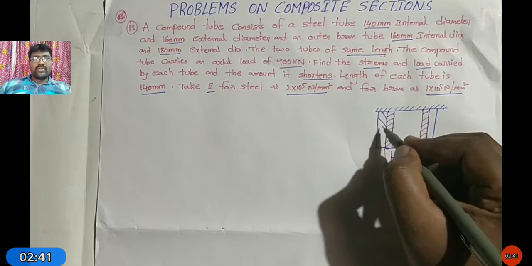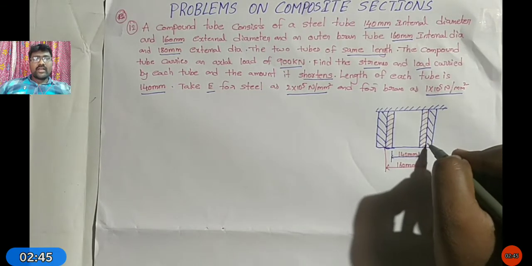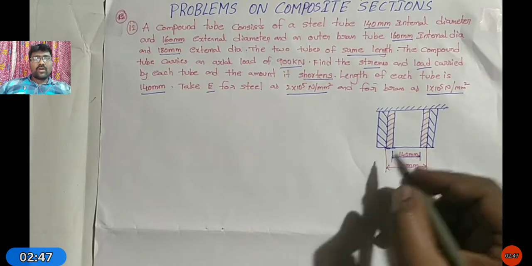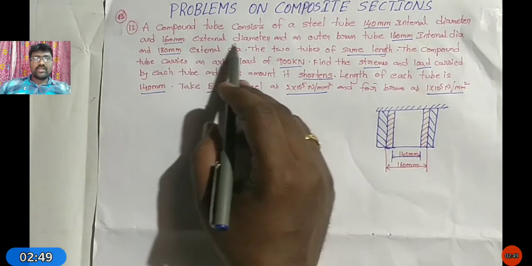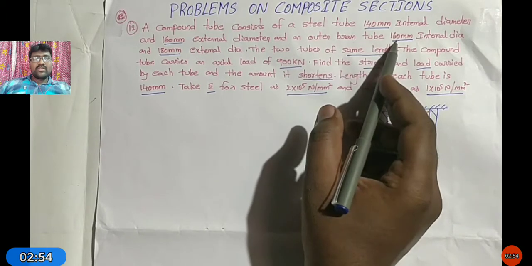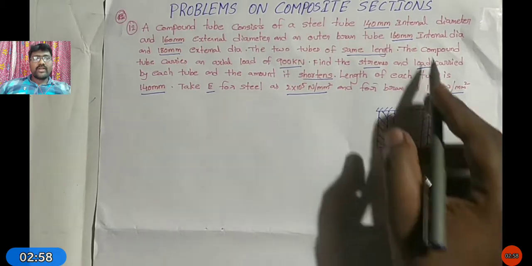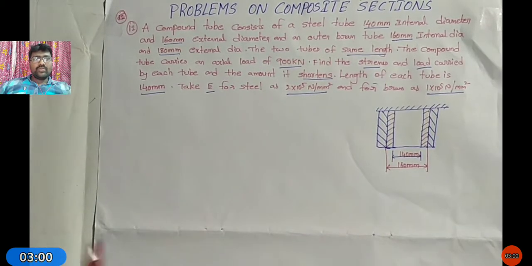So what happened? The external diameter of the steel tube and the internal diameter of the brass tube are the same, so the contact area is 160 mm. That is the common diameter of the brass tube and steel tube.